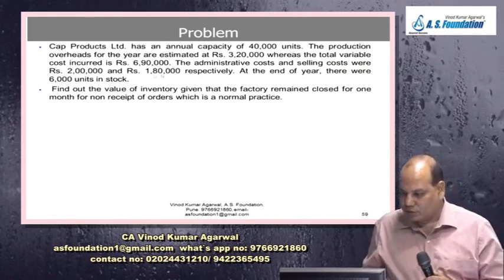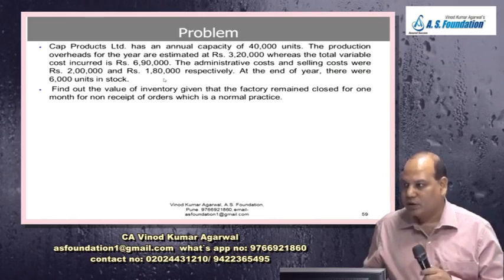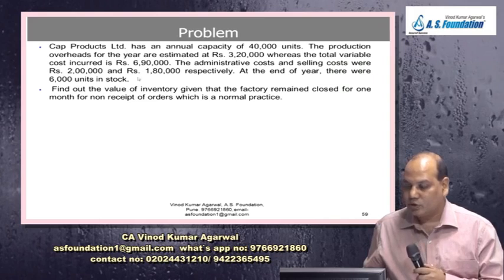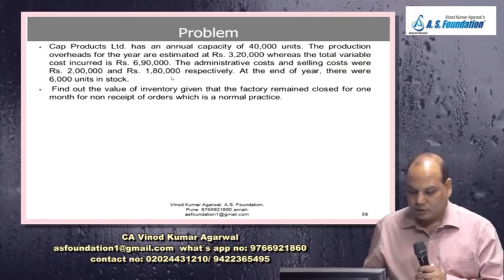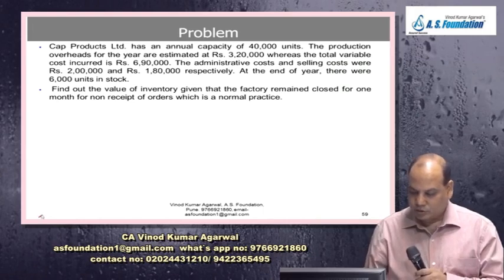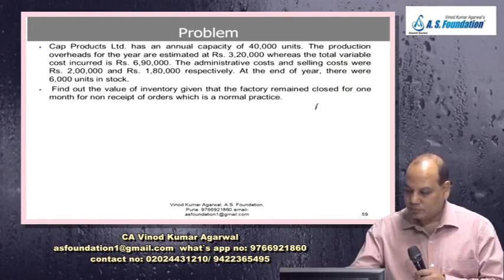So the only problem is whether we should consider this selling and administration cost of 2 lakh and 1 lakh 80,000. This example is given to tell you that administration and selling cost will not form part of your inventory valuation. So what are the costs we are going to consider?